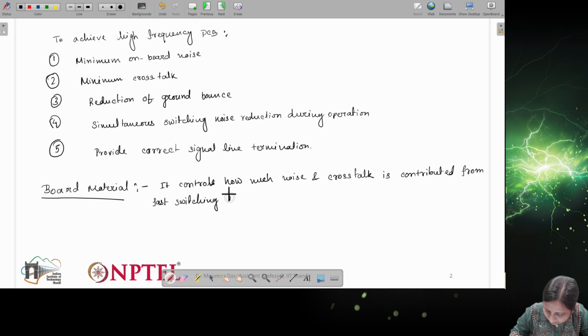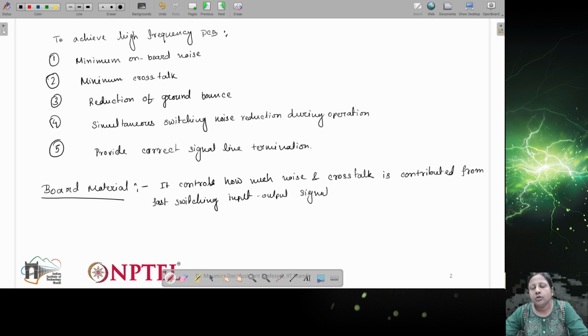Input output signal. This board material will give some force between the signals.